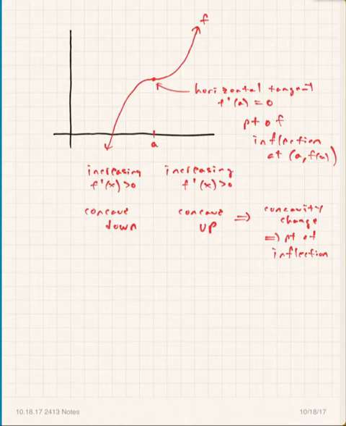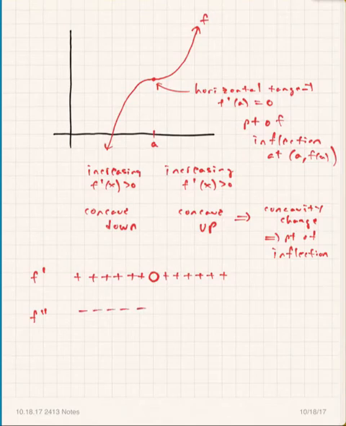All right, so let's look at the signs of the derivative and the second derivative here. The derivative, notice, is positive. Function's increasing. At a, you have a horizontal tangent line, so it's 0 there, but then it still stays positive afterwards. The second derivative, on the other hand, we got something different going on here. The second derivative is going to be negative because the function's concave down.